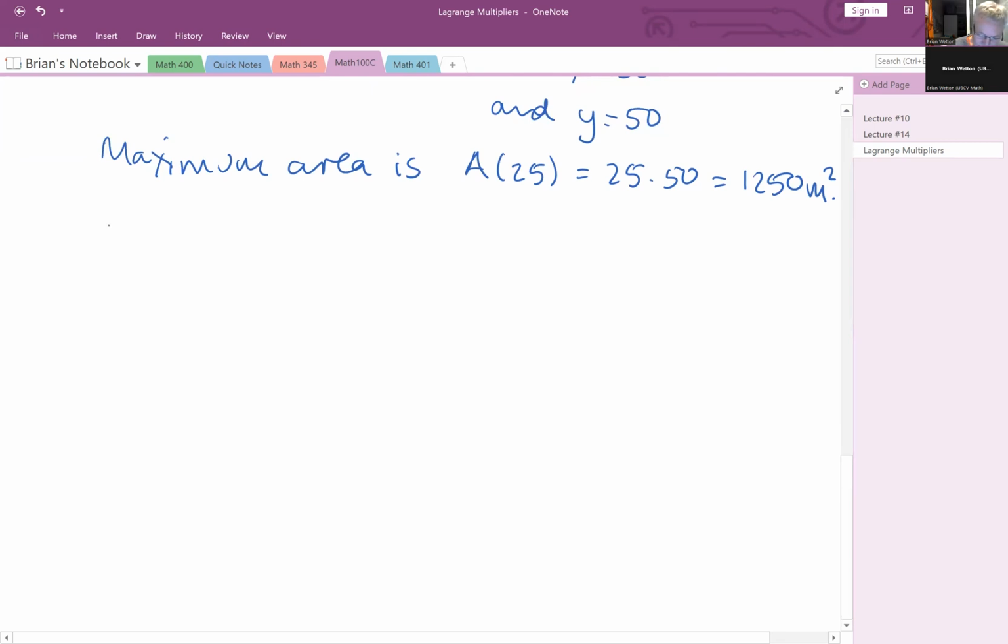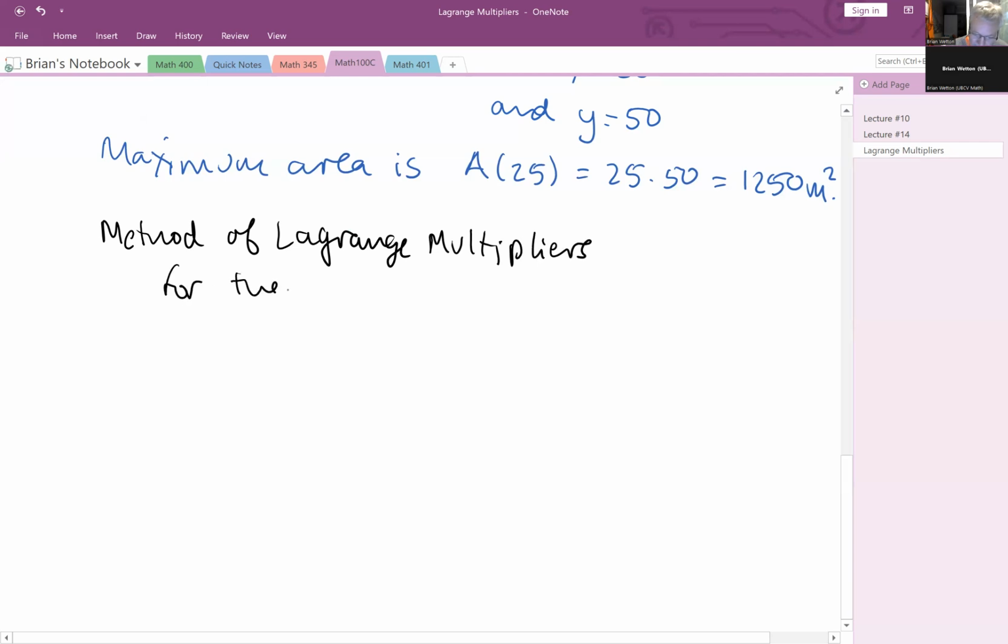Okay, so let's look at the method of Lagrange multipliers for the farmer problem. Well, okay, before I put in the farmer problem, I can also give you a little bit of abstract thinking.